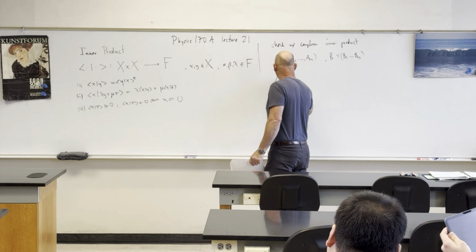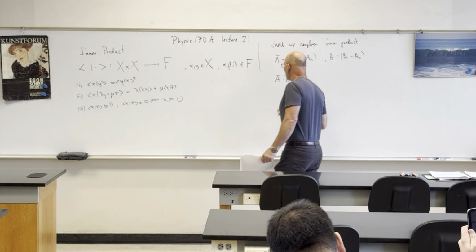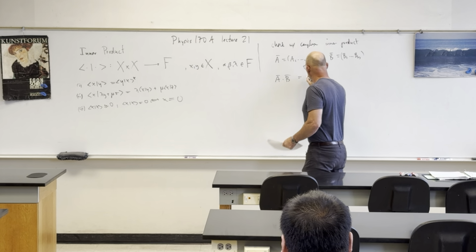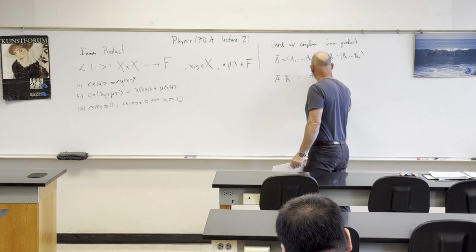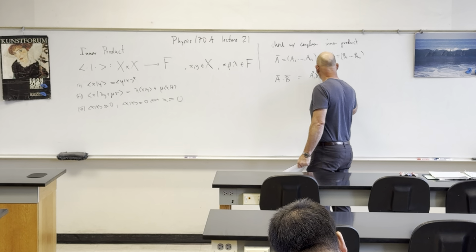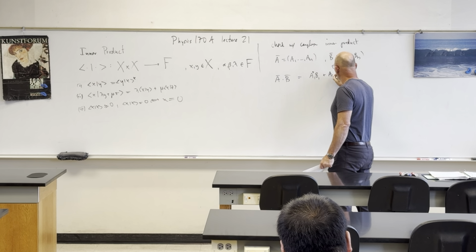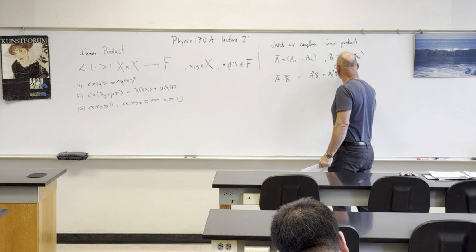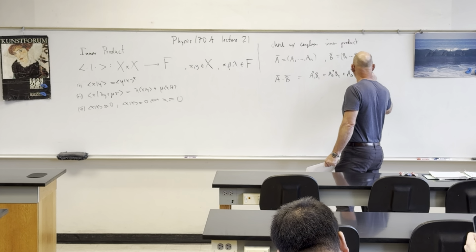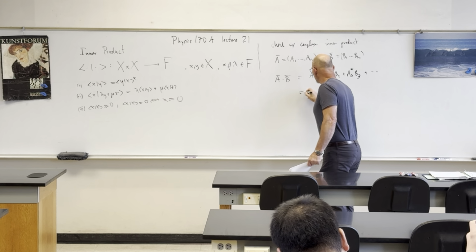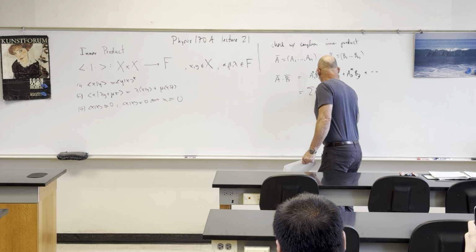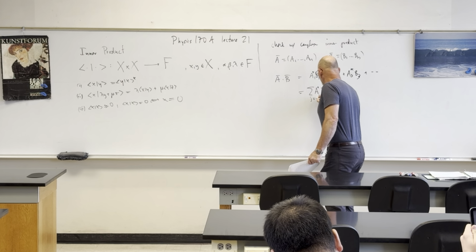So A dot B, we have to implement this rule: A1 star B1 plus A2 star B2 plus A3 star B3 plus and so on. Or you would say A sub J star B sub J, J equals 1 to n.